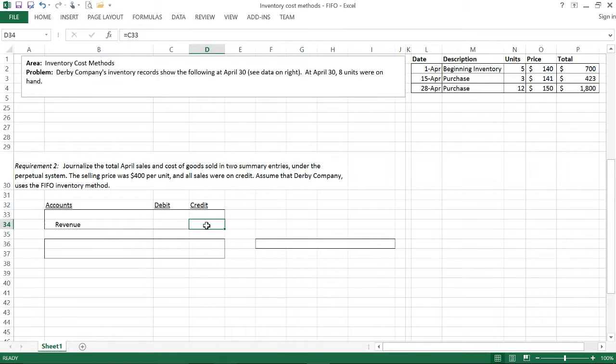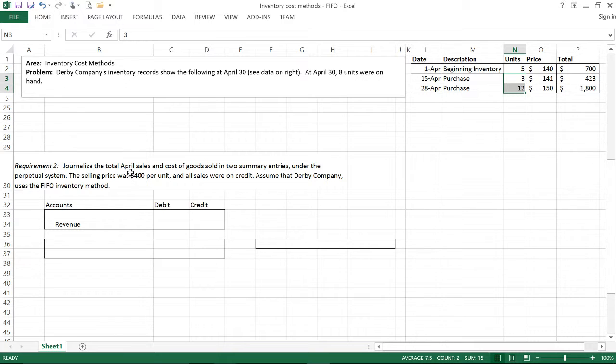So how much do we credit? If you remember up here, the problem states that we have 8 units on hand. So if we have 8 units on hand at the end of the month, and we have 20 units, so we had 5 at the beginning, plus we purchased 15. So we have 20 units to work with. We have 8 on hand at the end of the month. So that means we sold 12 units.